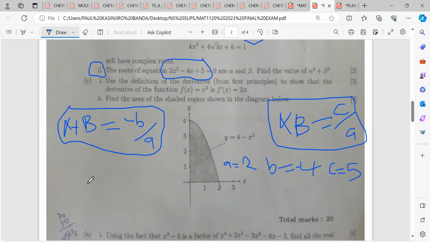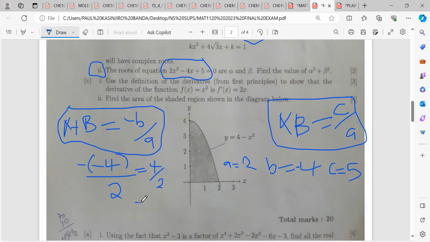Okay, so alpha plus beta is equal to minus B over A. So what is our B? Our B, you can see, is minus 4, which is being divided by A, which is a 2. Negative multiplied by a negative is going to give you a positive there.